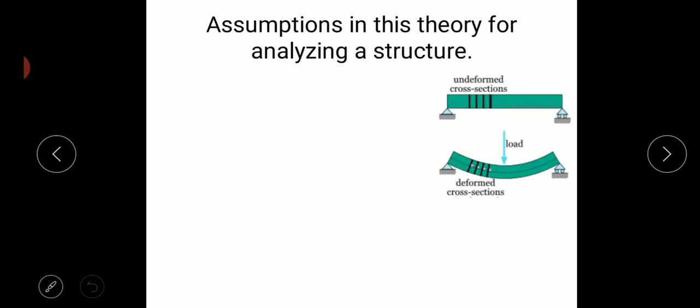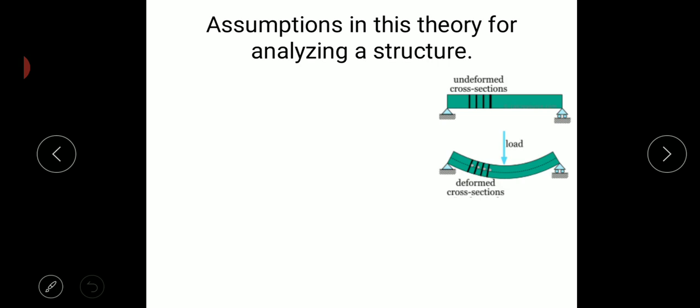Next, coming to the assumptions of this theory. Which theory? The classical beam theory for the analysis of a structure. Here they have given the assumptions of this theory for analyzing a structure. As I said earlier, the moment area method depends on classical beam theory.